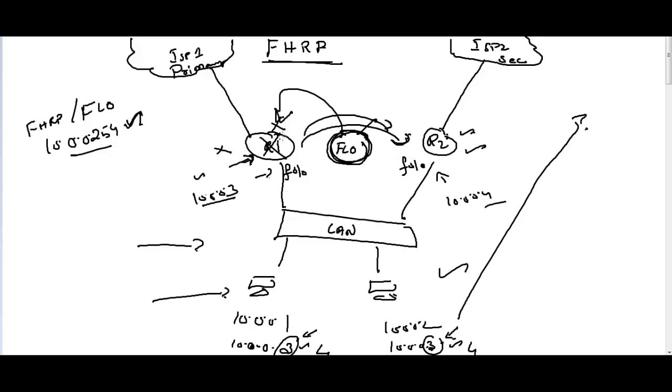So when the active device goes down and the primary gateway goes down, this address, which you have defined as the first hop redundancy protocol address, or the floating address, or the virtual IP address, will move to the standby device, which is R2, the secondary device. Now R2 will start responding to this gateway. Now you see the problem is solved.